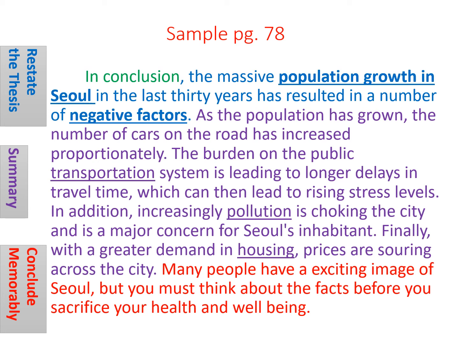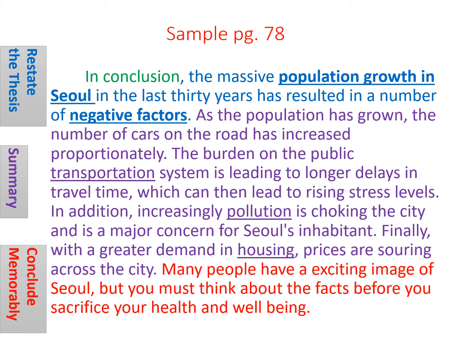Now the next step is the summary. The summary is just going to quickly tell us what were the three main ideas that you talked about in your paper. So it says, as the population has grown, the number of cars on the road has increased proportionately. The burden on the public transportation system is leading to longer delays in travel time, which can then lead to rising stress levels.